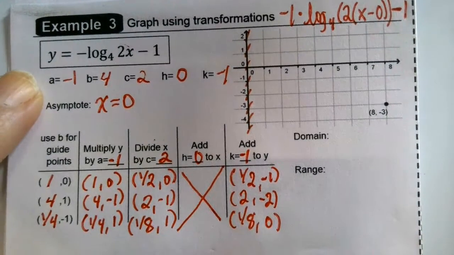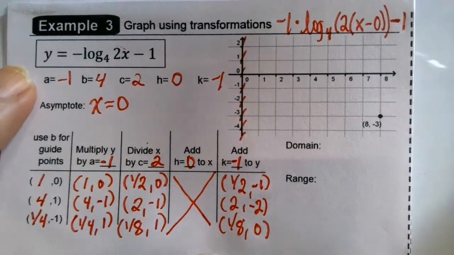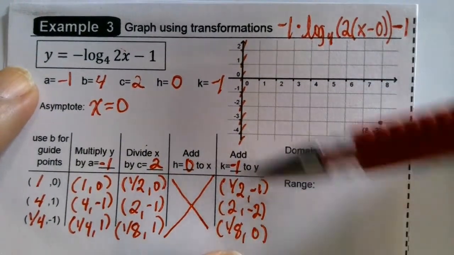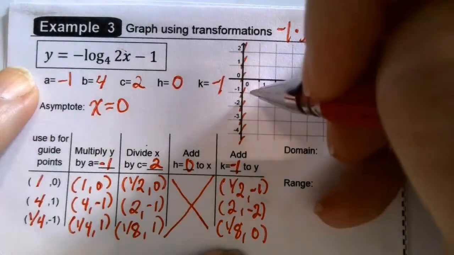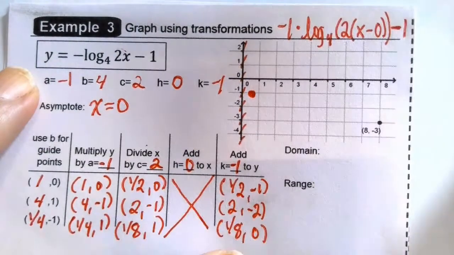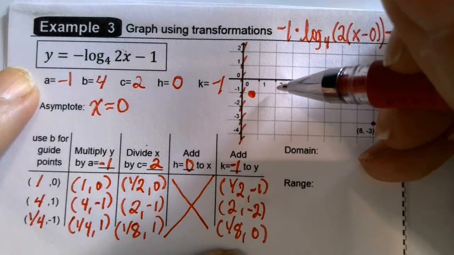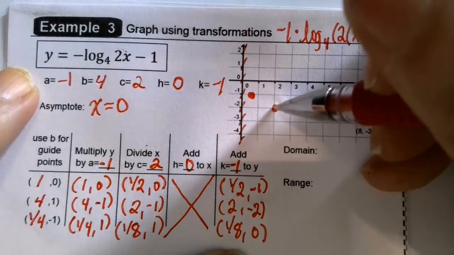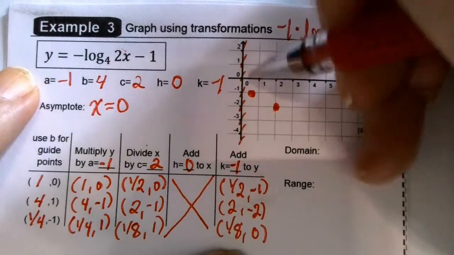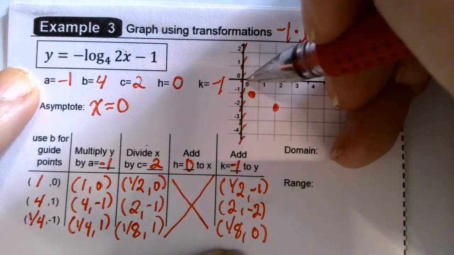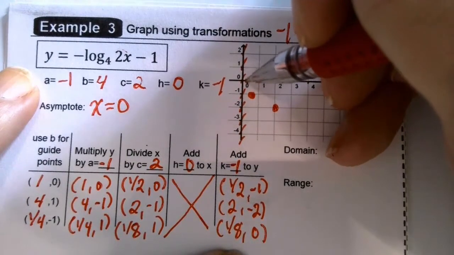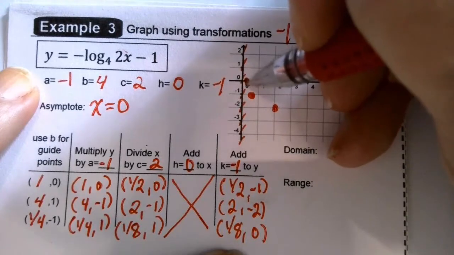So now we can go ahead and graph those points on our coordinate plane. So 1/2, -1, then 2, -2, 1/8, 0 is really close to that asymptote.